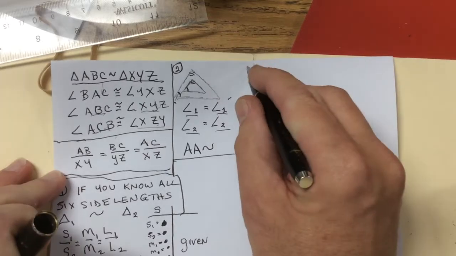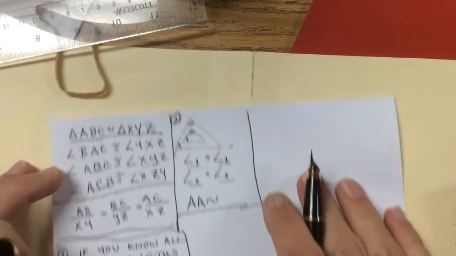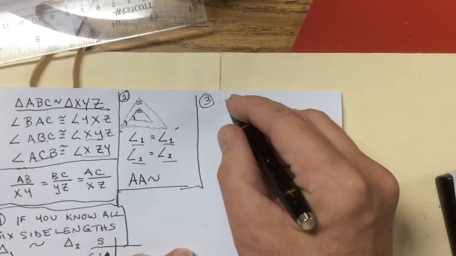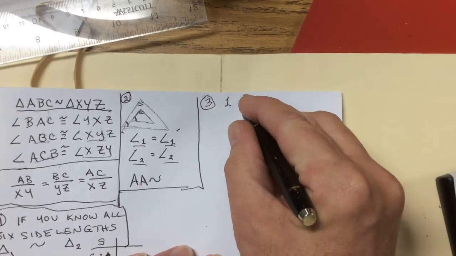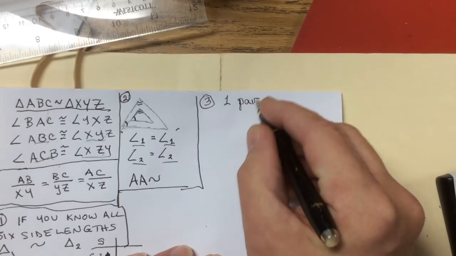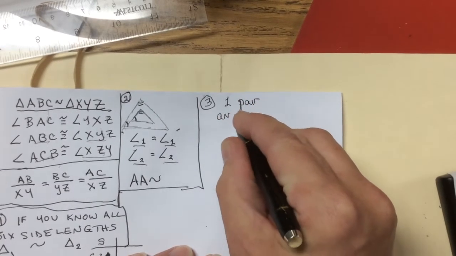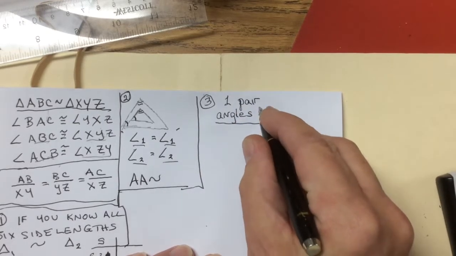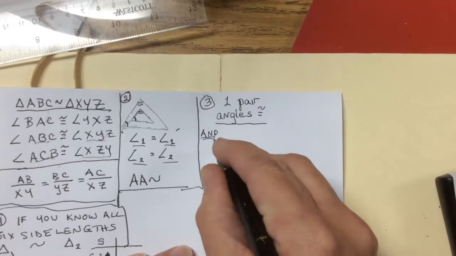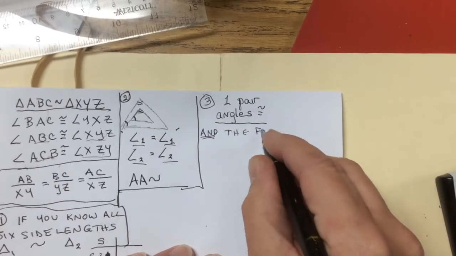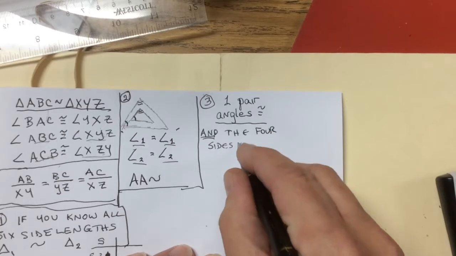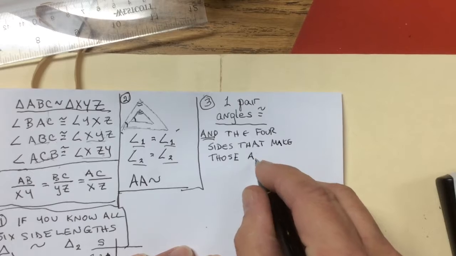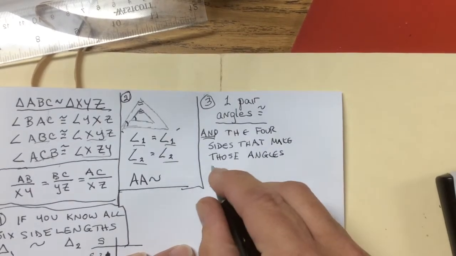And the third way has to do with finding one pair of angles that are congruent, right? A moment ago, we had one pair of angles, but that was all we had, so it wasn't enough. One pair of angles that are congruent, and the 4 sides that make those angles create equal ratios.